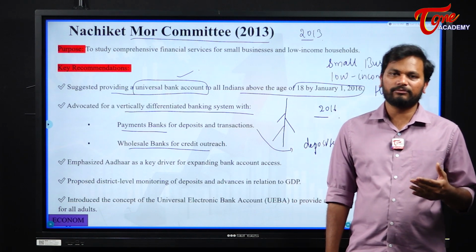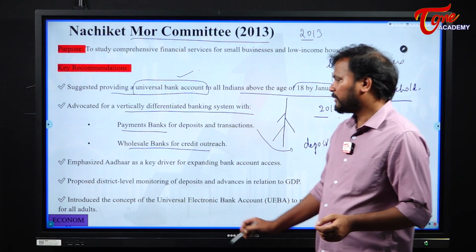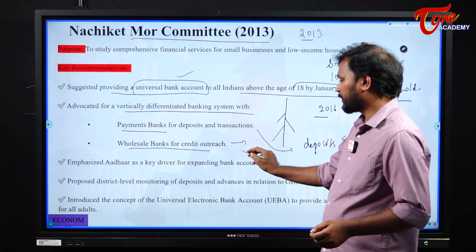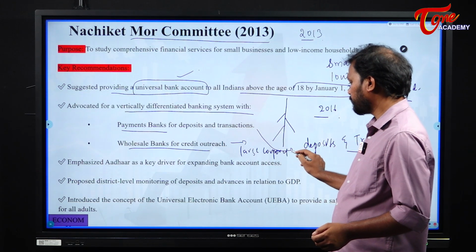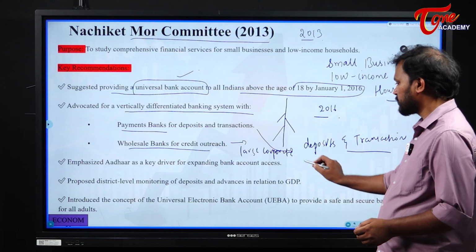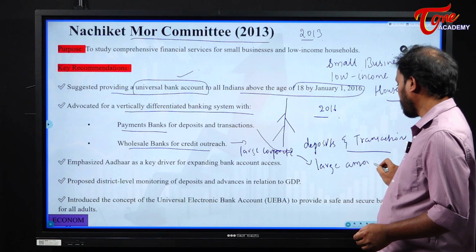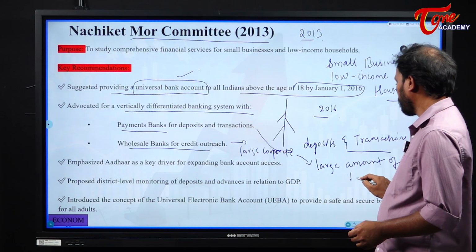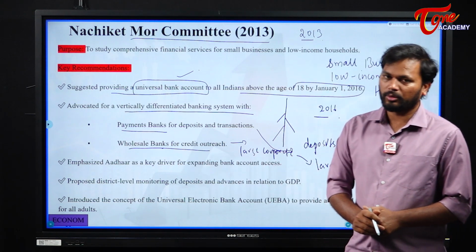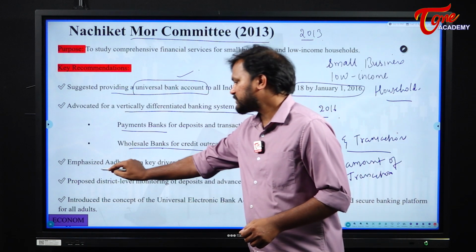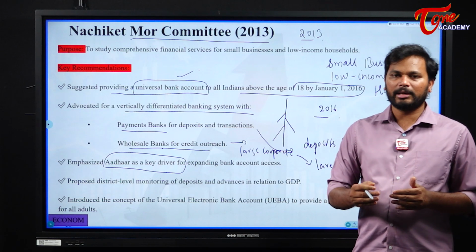The very meaning of wholesale banks is that loans will be given to large corporates or institutions which have a large amount of transactions. When the amount of transaction is large, that can be facilitated through the wholesale banks. Next, he emphasized Aadhaar as the key driver. The Aadhaar needs to be linked to the banking system.